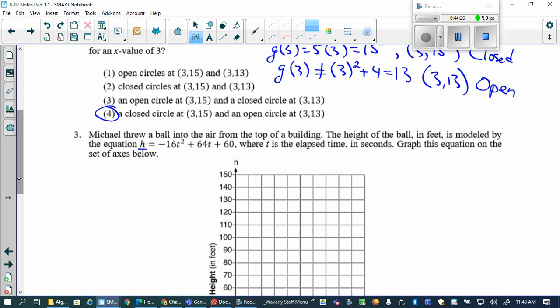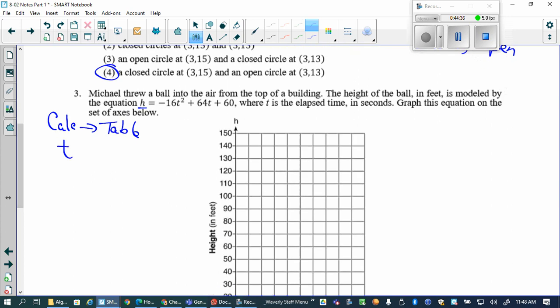Let's just get a table of values. So just use your calc and the table function. You might not even see the graph, but you can still get the table. So T, and then H of T. And it'll be 0, 1, 2, 3, 4, 5 seconds. But of course, instead of T, you're going to use what? That's right.